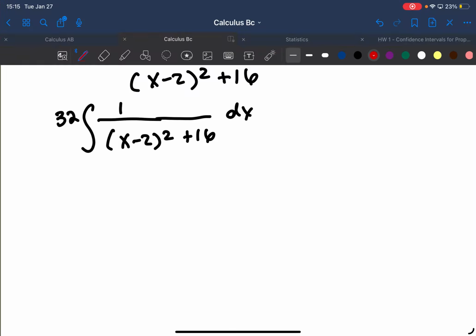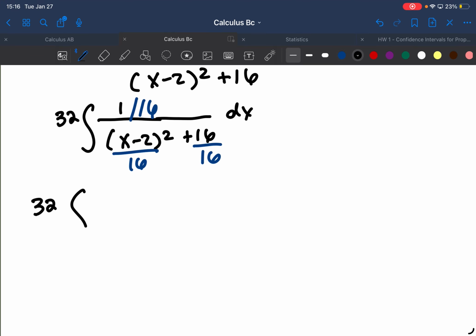I'm going to make it blue because I want to show you that we're dividing by 16. It's not wrong. So everything divide by 16. Everything. You're writing this now. If I write in red, don't write it, but you're writing this. Divide everything by 16. So now I have 32 integral of 1/16 x minus 2 squared over 16 plus 1.